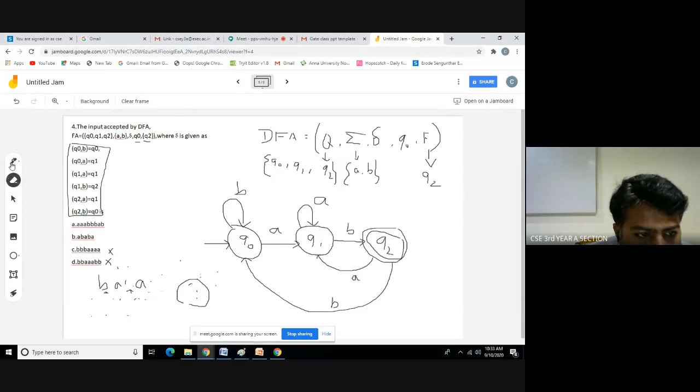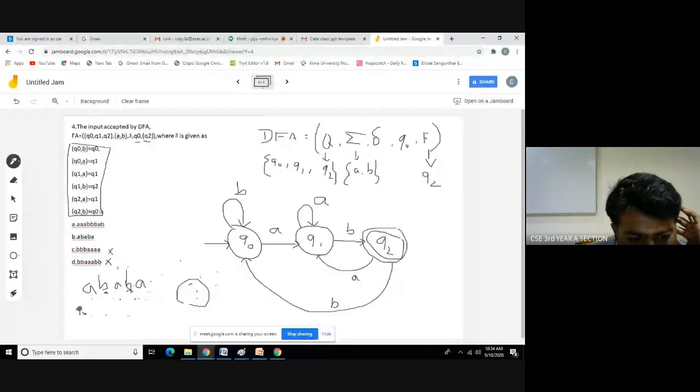What is the string now? A, B, A, B, A. Okay. So again, I will check whether the input is accepted by the given automata or not, right? So what is my first state? Q naught. This means the start state, right?